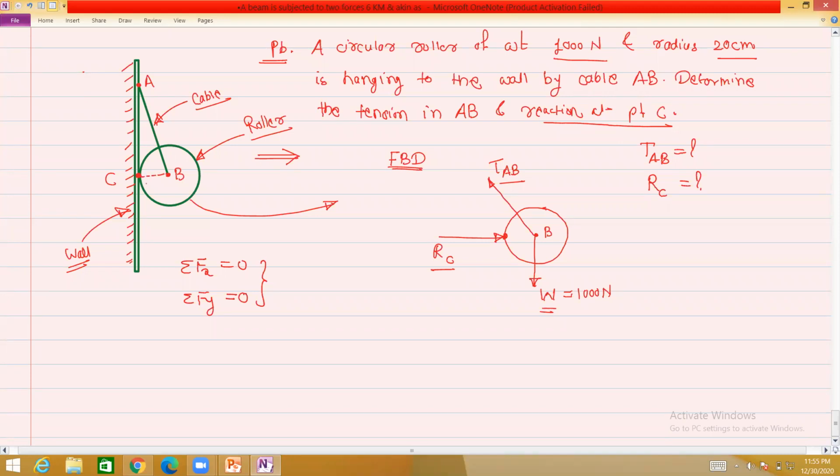This is equal to 20 centimeter because radius is given as 20 centimeter. And the length AB is given as 40 centimeter. So this is 40 centimeter.